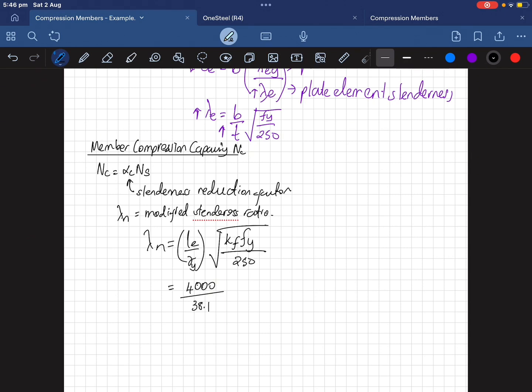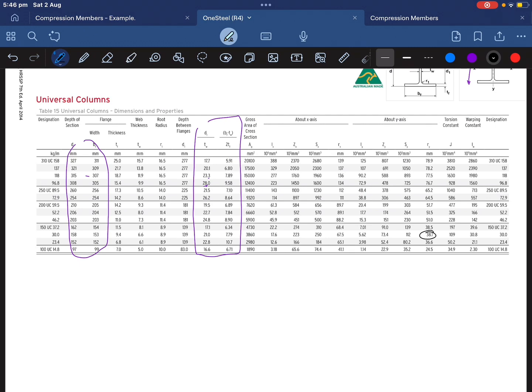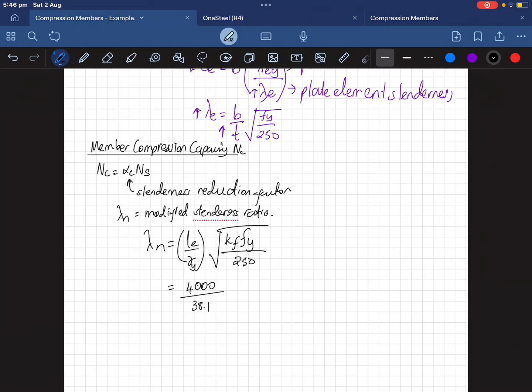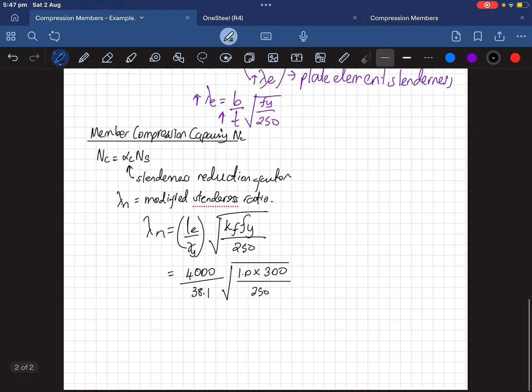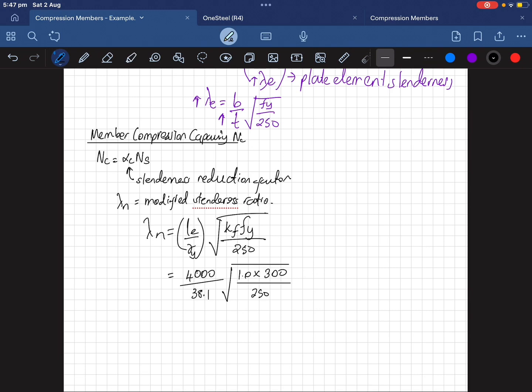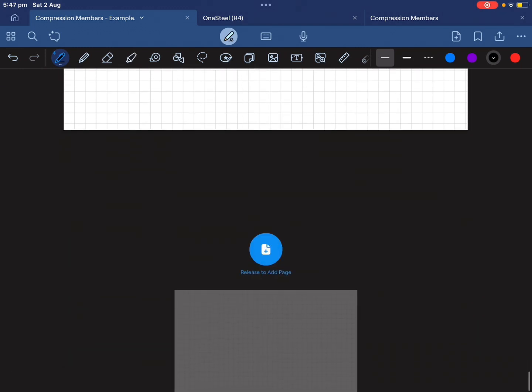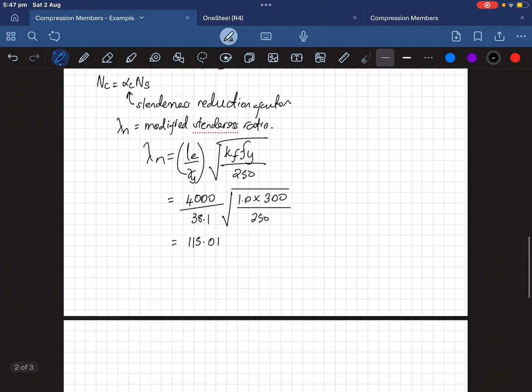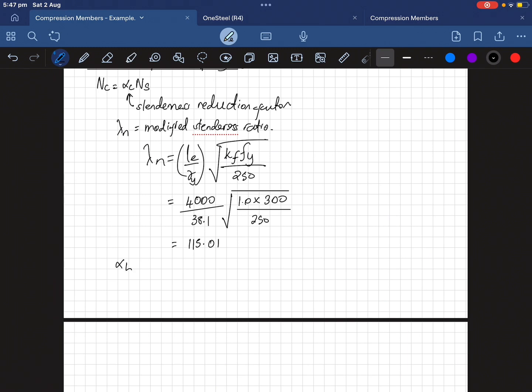Then we have 38.1, and multiply that by the square root of 1.0 times Fy, which is 300, divided by 250. That should give you 115.01.